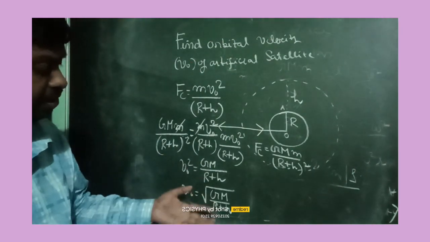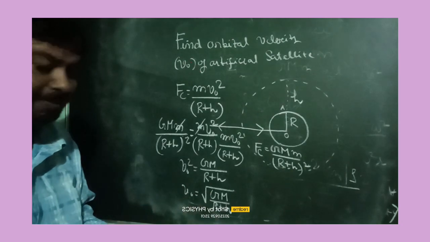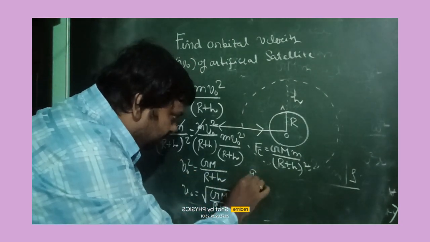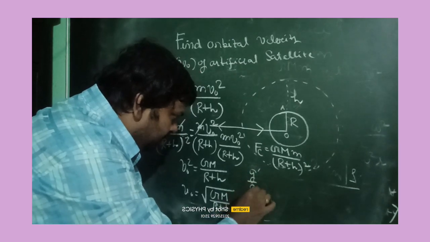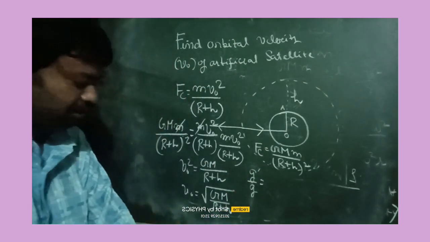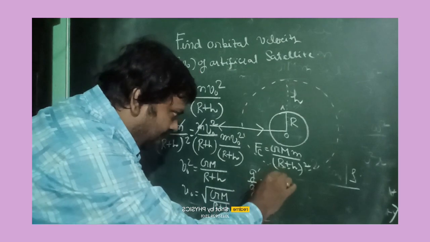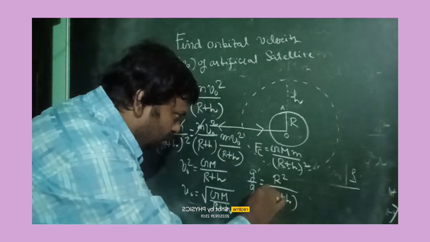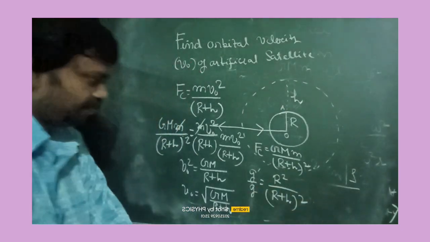Now replacing GM by R square by small g dash, we have g dash by g is equal to R square by (R plus h) whole square. Okay.